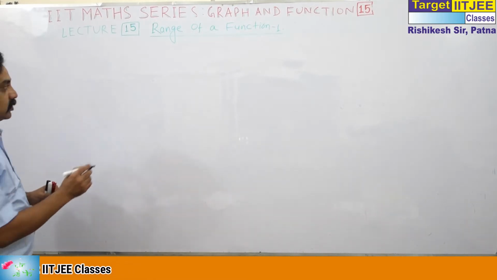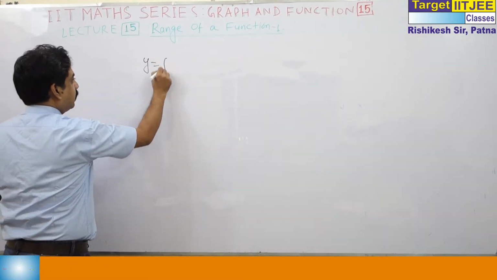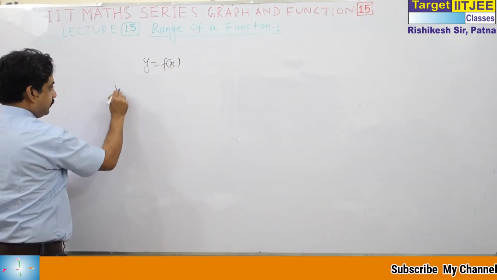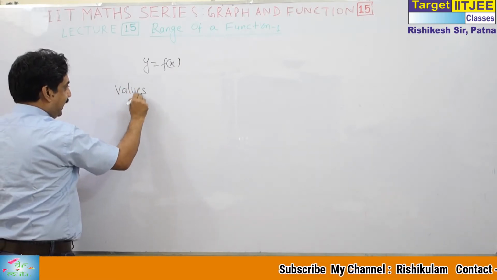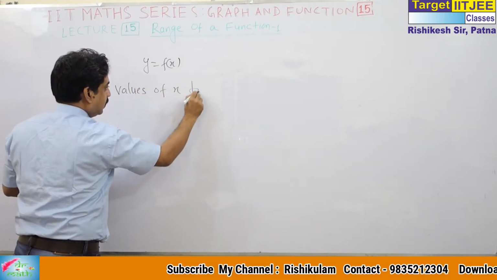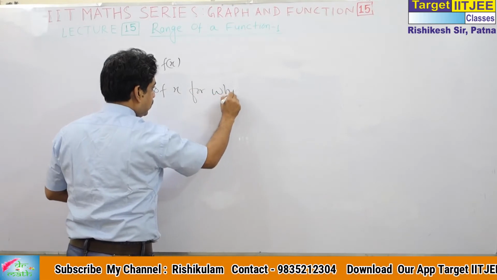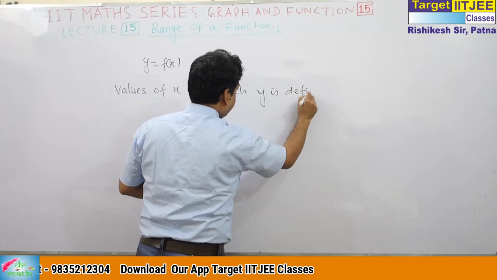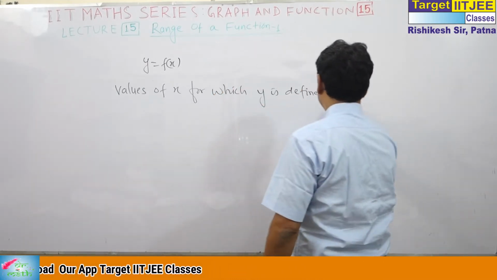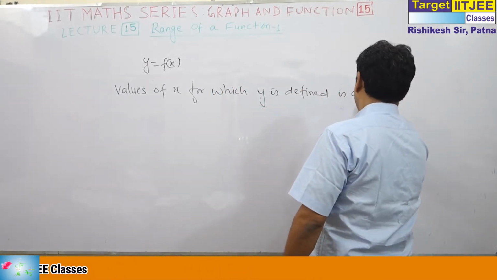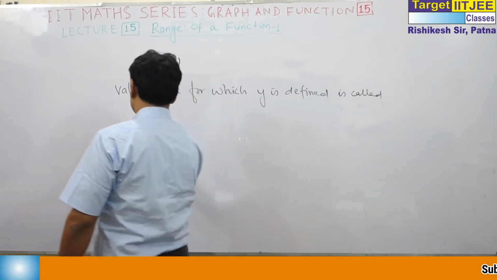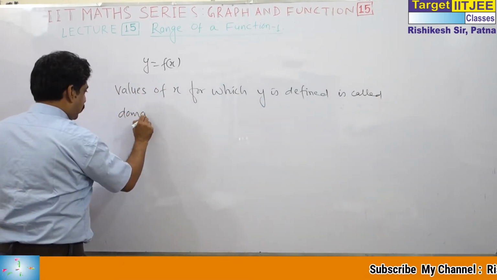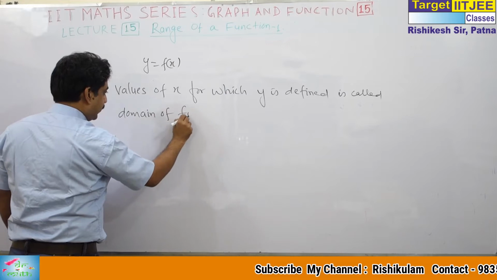What do you mean by range of a function? For a function y is equal to f(x), values of x for which y is defined is called the domain of the function.